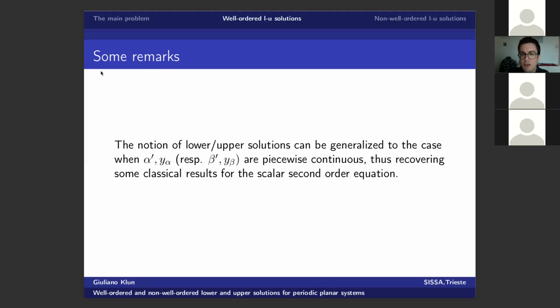This allows us to recover some classical results for the second order scalar equation, when we can glue lower and upper solutions defined on an interval to extend them to all R by gluing copies of this function, but this may create a non-smooth solution.